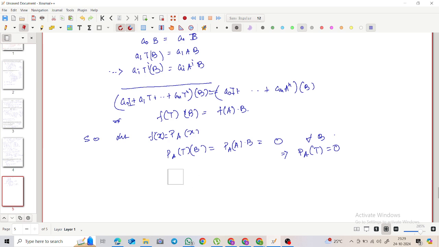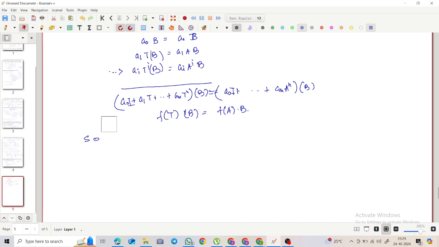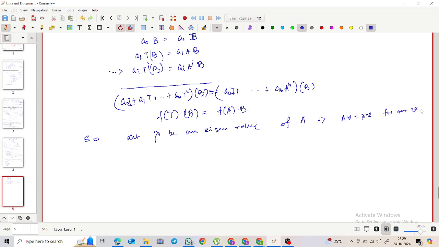So what about this? Let lambda be an eigenvalue of A. This means Av equals lambda v for some v, or maybe A minus lambda I is 0.